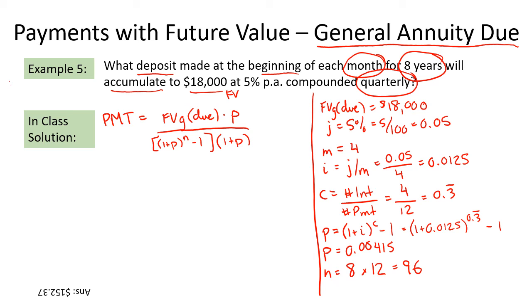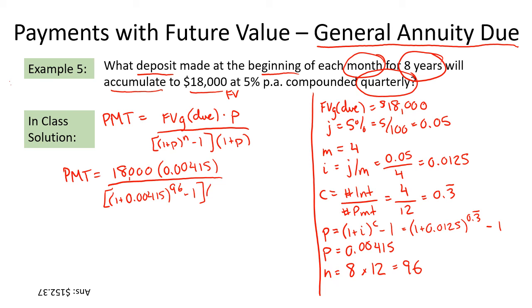So substituting all of these values into this formula, your payment is equal to your future value, 18,000, times the equivalent rate of interest, 0.00415, divided by, remember, all this first piece is all in brackets, 1 plus your equivalent interest rate, 0.00415, to the exponent 96 minus 1, times 1 plus the equivalent rate of interest, 0.00415.